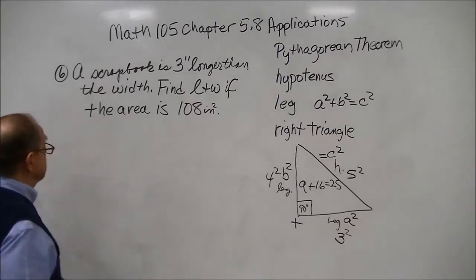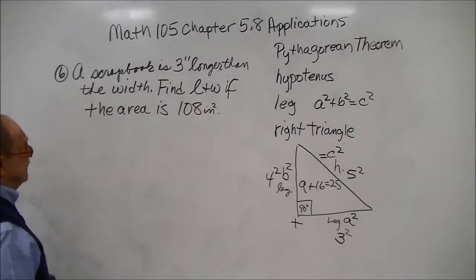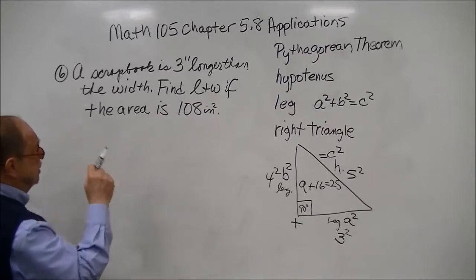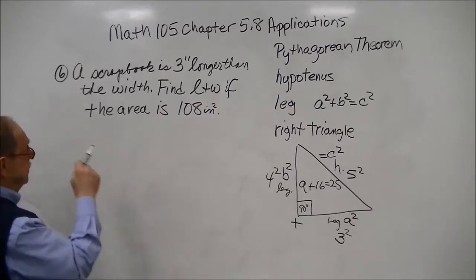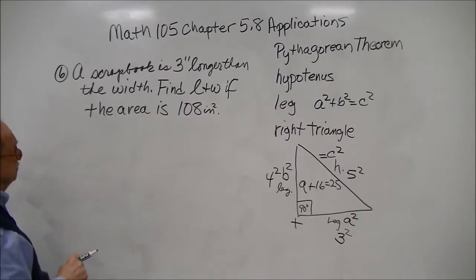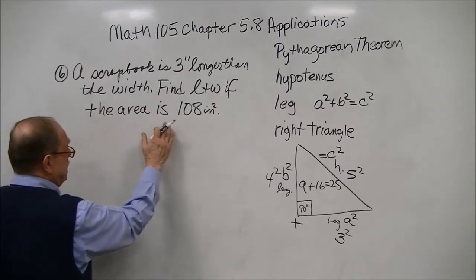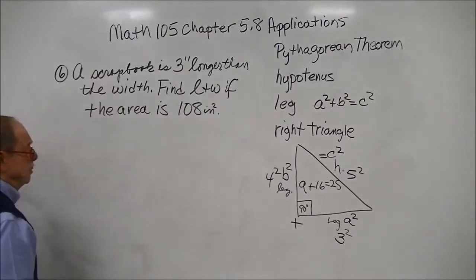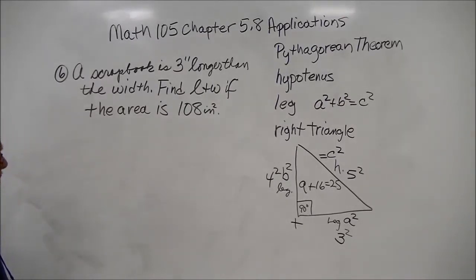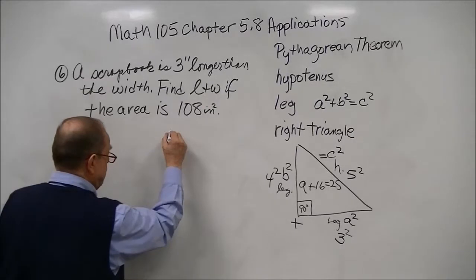For number 6, it says a scrapbook is 3 inches longer than the width. Find the length and width if the area is 108 square inches. Well, let's make a scrapbook here.